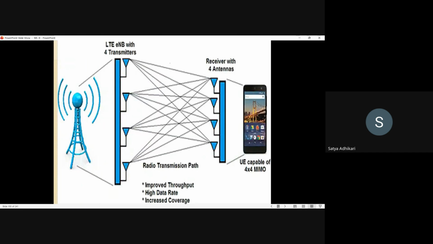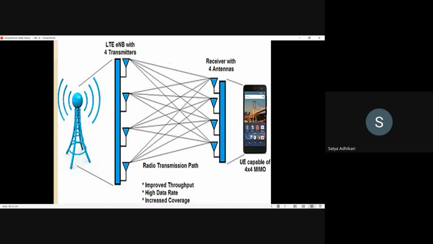Let us see. You see the architecture: the LTE eNB with 4 transmitters and the receiver also with 4 antennas.